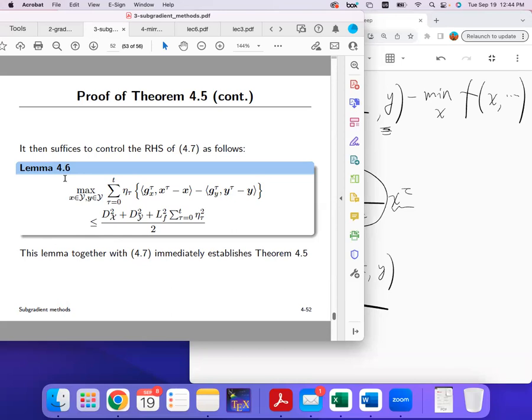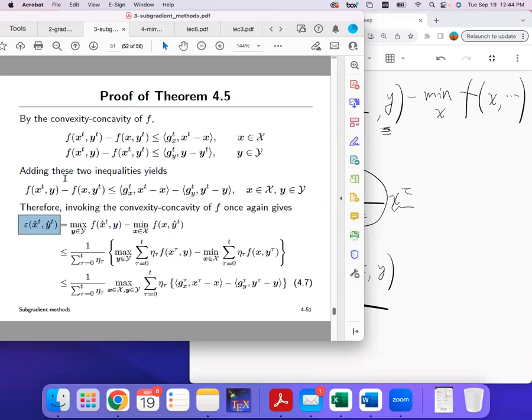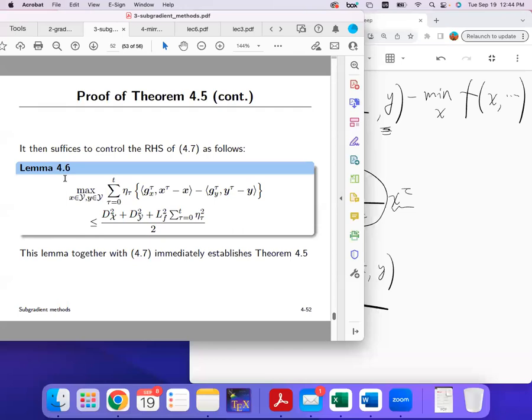So with this lemma, you plug this bound into the last line, and you get the desired result. So everything reduces to proving this lemma.